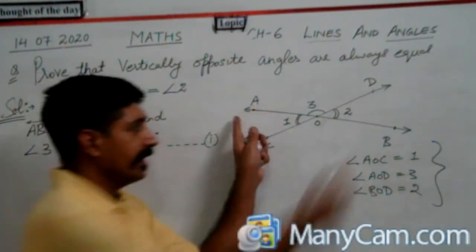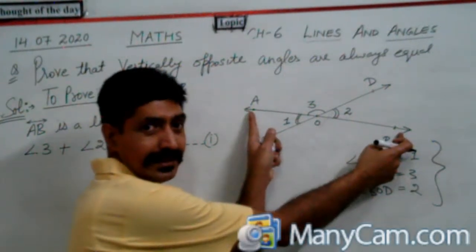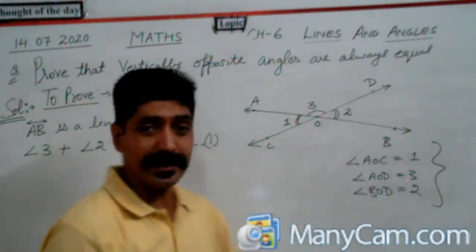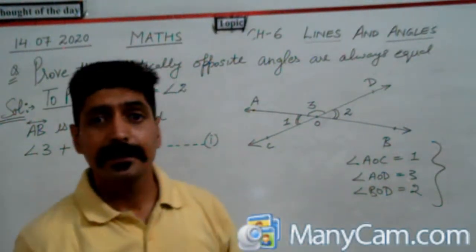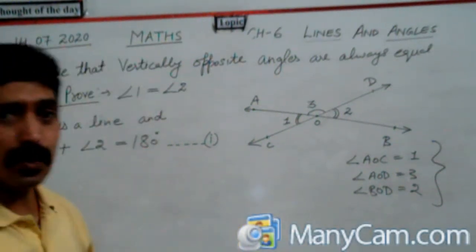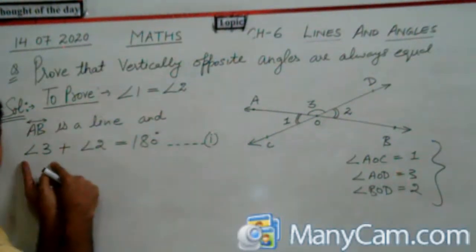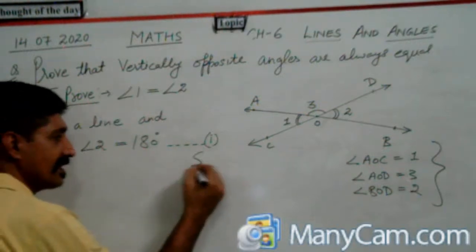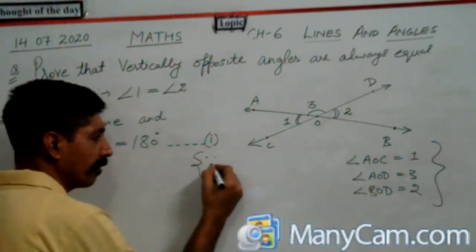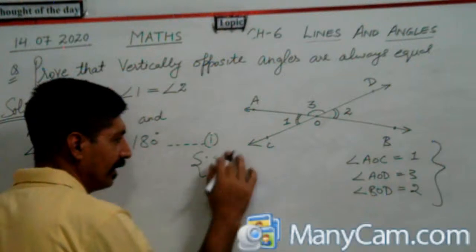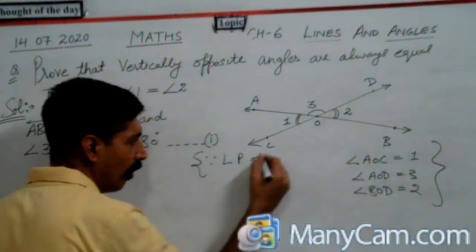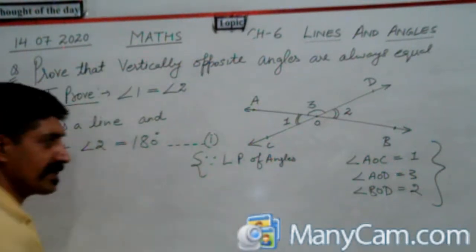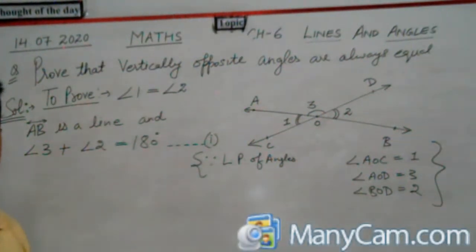Here AB is a line, and on this line these two angles, angle 2 and angle 3, are a linear pair of angles. So the sum of these two angles, angle 3 plus angle 2, is 180 degrees. We will write down here the logic. This is the reason: because of linear pair of angles, their sum is 180 degrees.